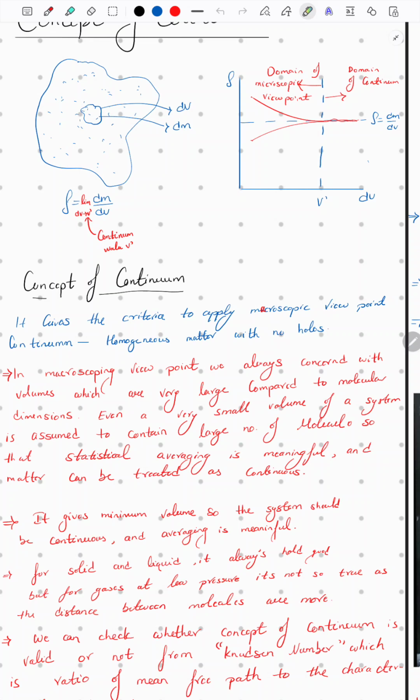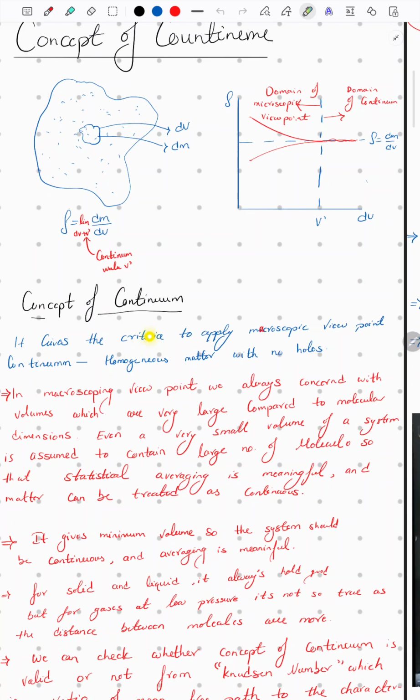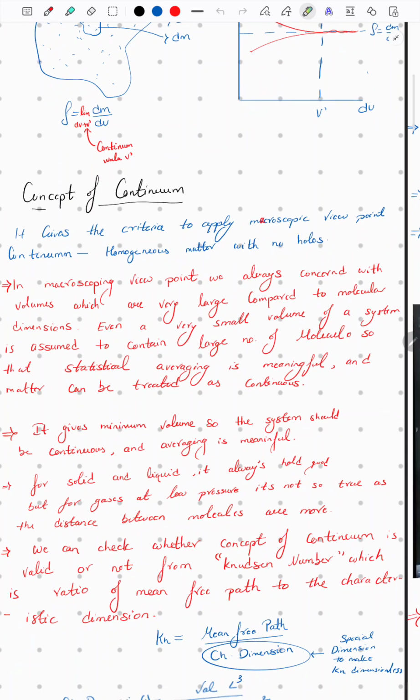What the concept of continuum says is that it gives the criteria to apply the macroscopic viewpoint: continuum, homogeneous matter with no holes. In the macroscopic viewpoint we are always concerned with volumes which are very large compared to molecular dimensions.